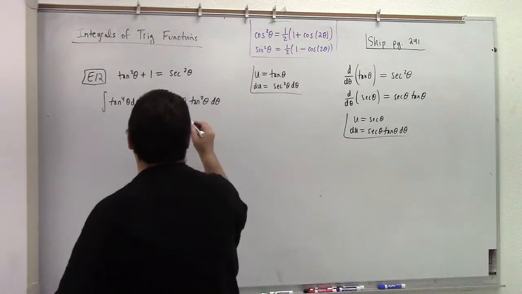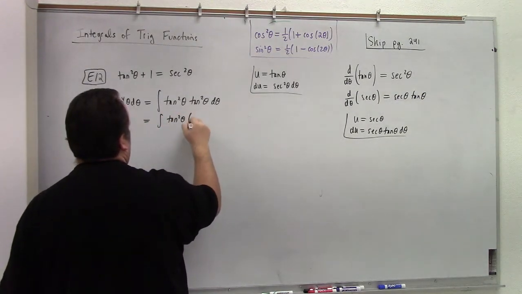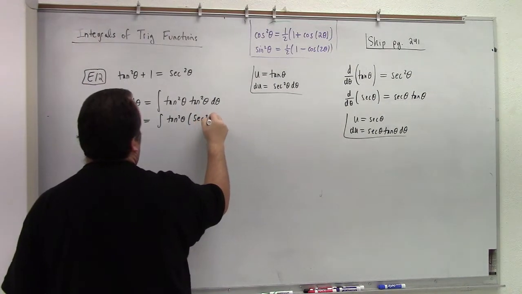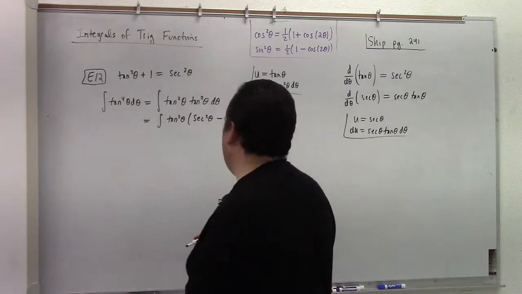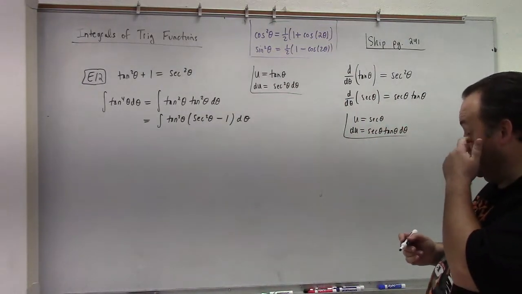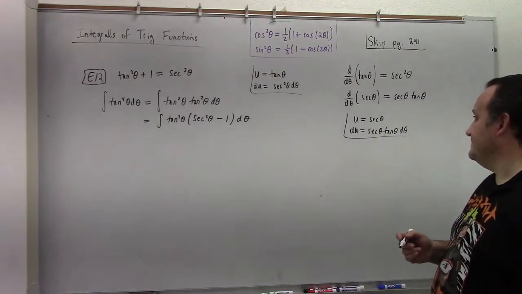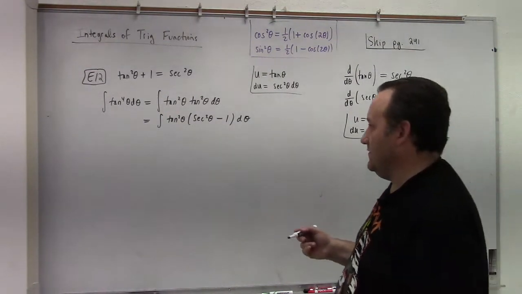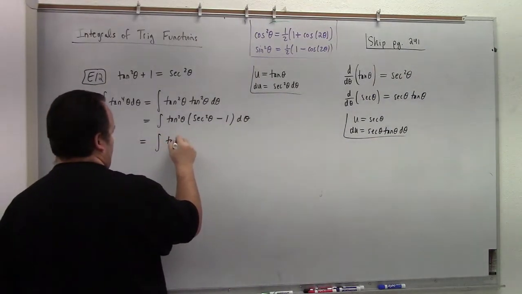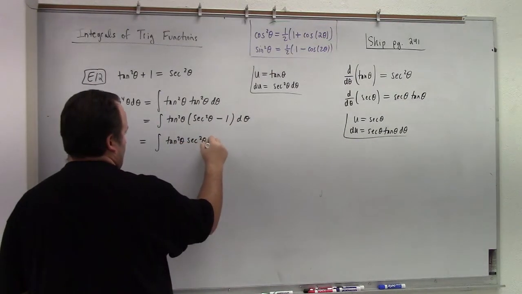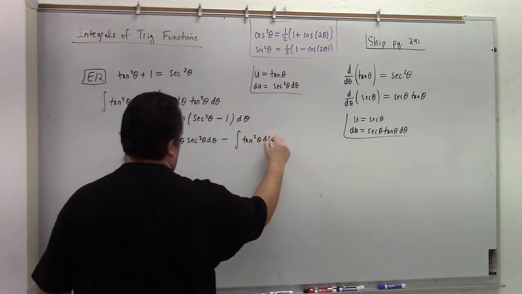So this is the integral of tangent squared theta times secant squared theta minus 1. So that is the integral of tangent squared theta secant squared theta d theta, minus the integral of tangent squared theta d theta.